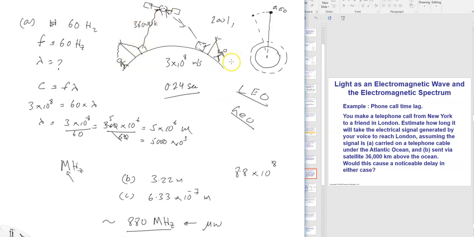Going up and has to come back. Let's forget about the processing time and the time from you to the tower to the station and all that. So the speed of these signals means it takes about 0.24 seconds. That is a noticeable delay, a little noticeable.